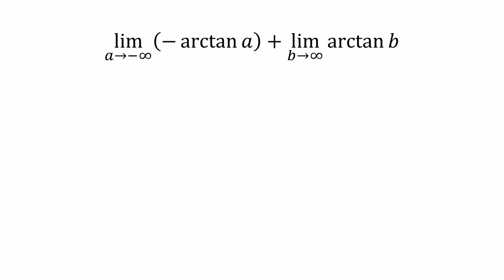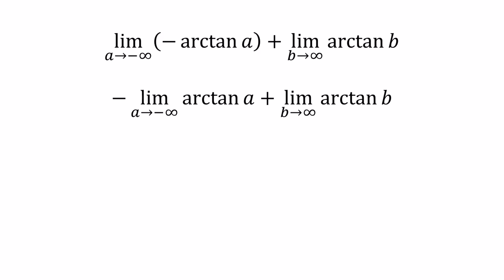Applying the constant multiple rule, we get minus the limit as a approaches negative infinity of arctangent of a plus the limit as b approaches infinity of arctangent of b. Evaluating the limits, we obtain minus negative pi over 2 plus pi over 2.